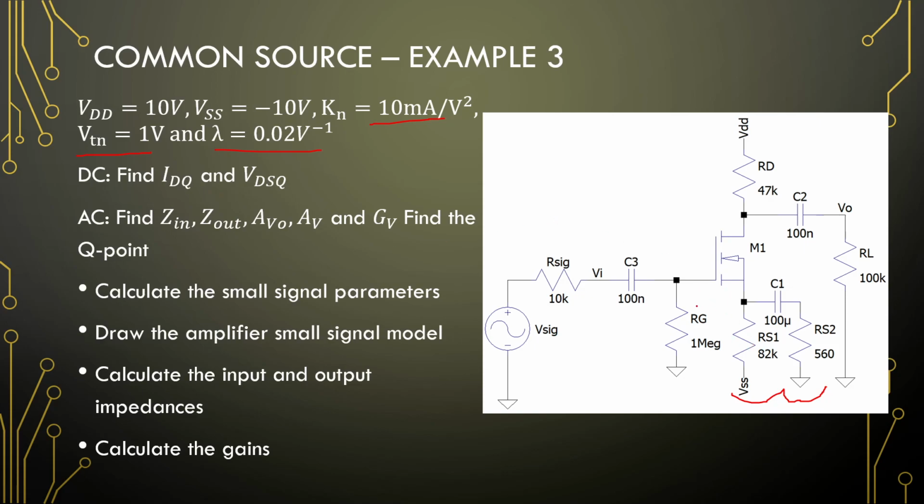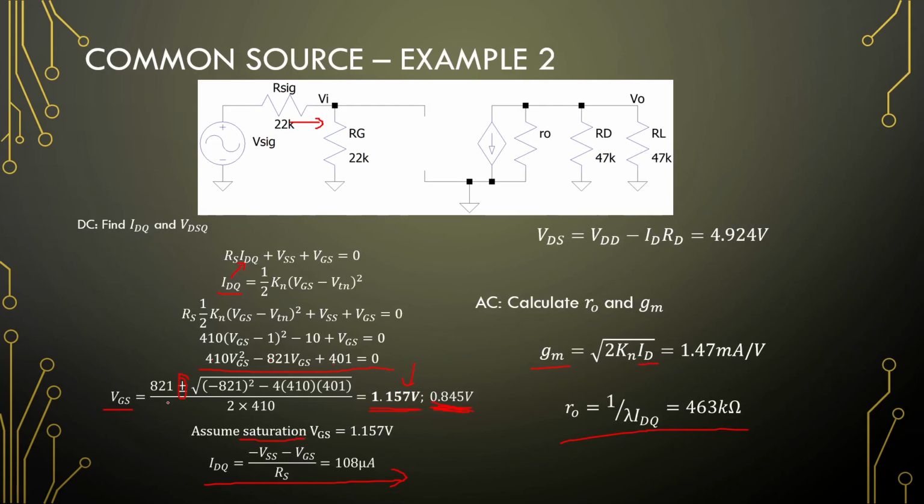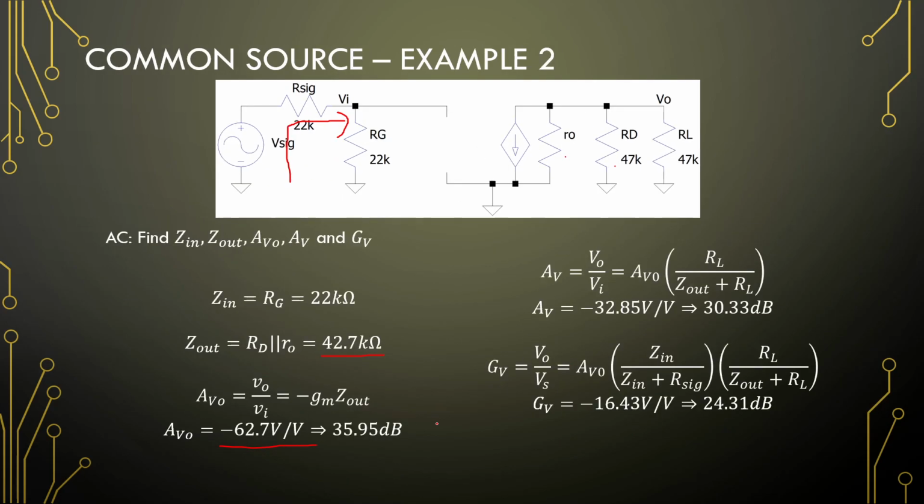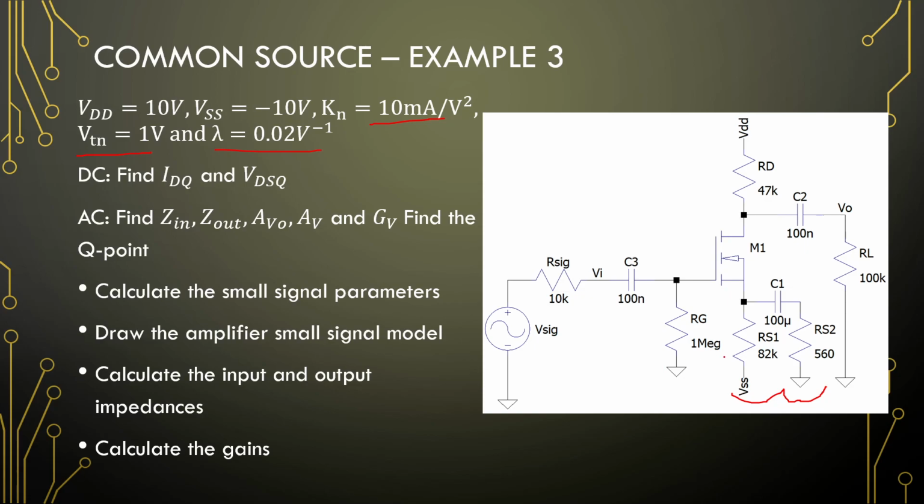Right, so DC is easy. That disappears, this disappears, and this resistor is not seen in our DC analysis. So we will have a very similar problem to example 2 to calculate for our DC analysis. But in our small signal model, when that capacitor becomes a short circuit, these two resistors will be in parallel with one another.